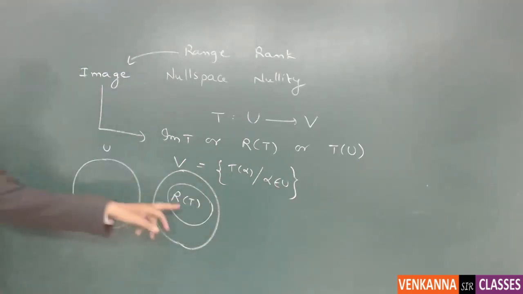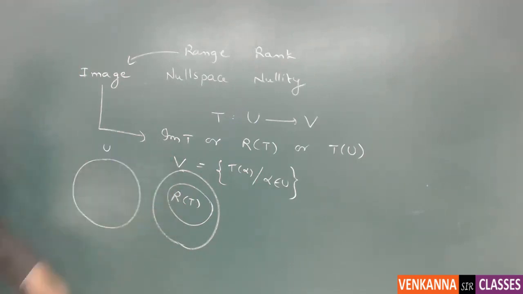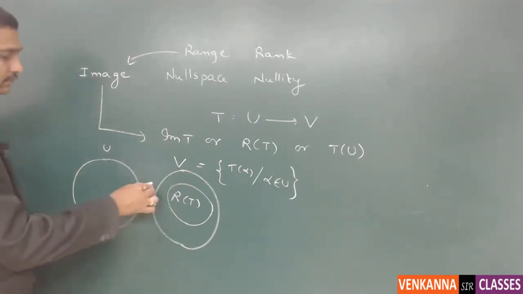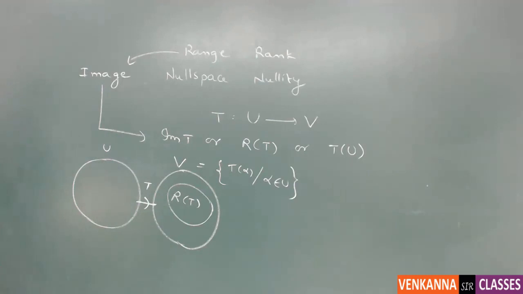So it is always a subspace in the codomain. For that you can verify the condition of A alpha plus B beta. That is very easy to verify, that you can do. So please take a note that R of T is a subspace in the codomain. After noting, please tell.